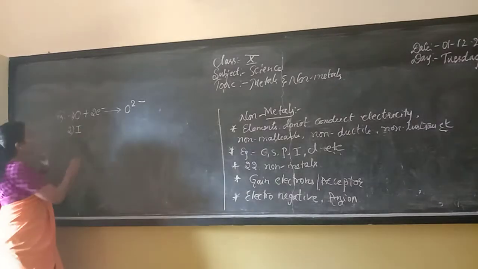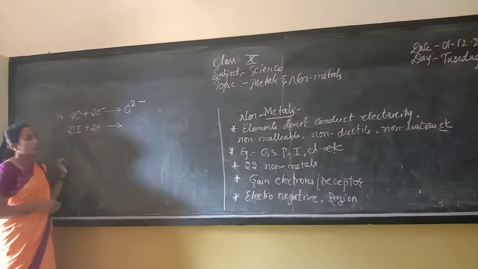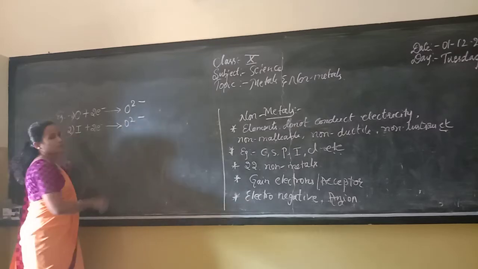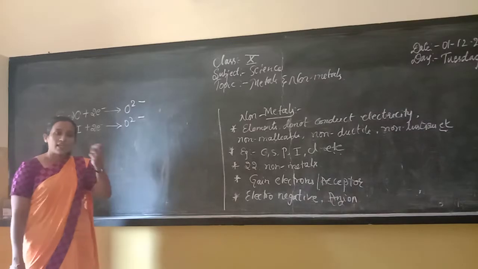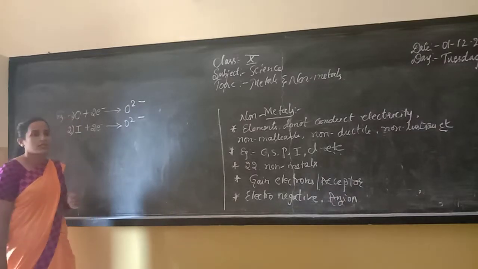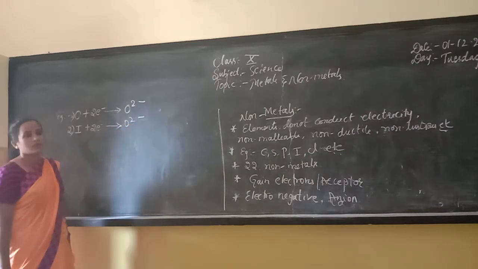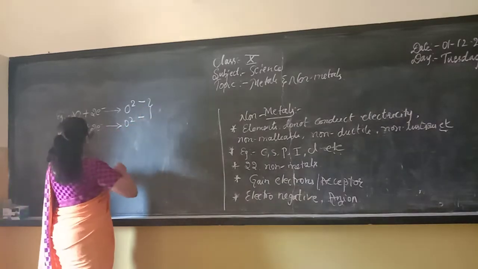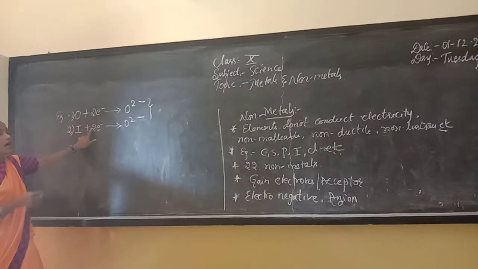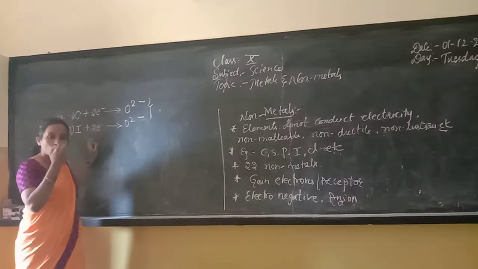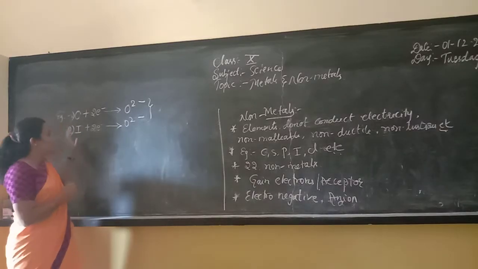Iodine. So iodine has the capacity again to gain electrons and form a negative ion. It takes the electrons and forms the negative ion, either the oxygen or the iodine. See, we are finding that here the accepting of electrons takes place by non-metals.